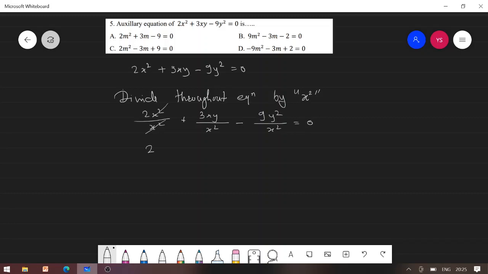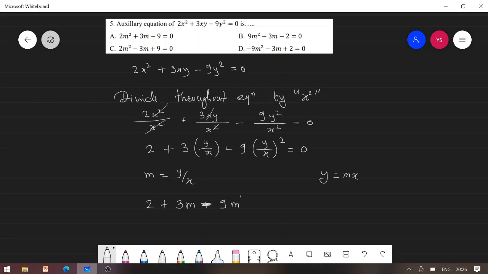X square gets cancelled, 2 plus 3 times y by x, with one x cancelled, minus 9 times y by x the whole square. Now everyone well knows m equals y by x. Once we have y equals mx as the equation of the line, the slope is given like that. So let's replace y by x by its value. We have 2 plus 3m minus 9m square equals 0.